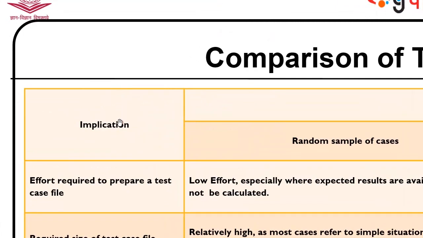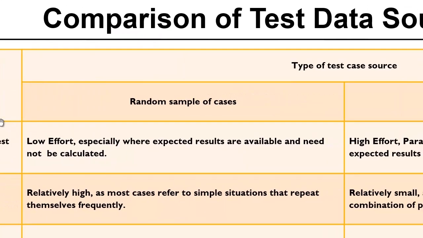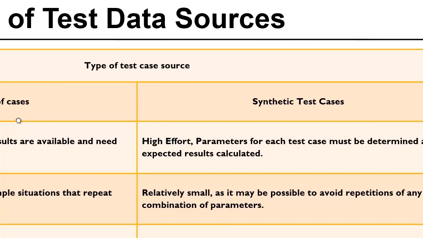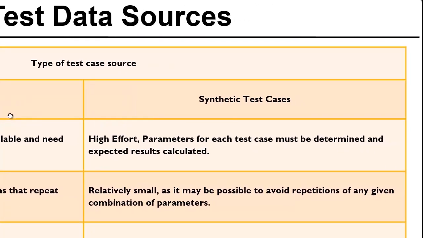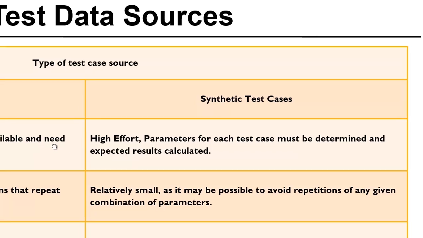Comparison of test data sources. Implication: effort required to prepare a test case file. Random sample of cases, low effort, especially where expected results are available and need not be calculated. Synthetic test cases, high effort, parameters for each test case must be determined and expected results calculated.